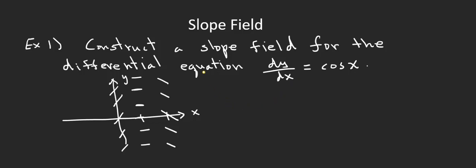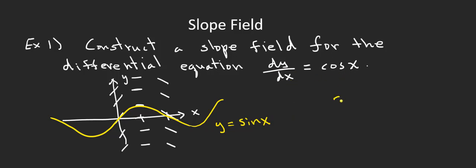Now, what's interesting is this. When you follow the graph of this slope field, what does it look like? Does it look like y equals sine x? Notice, what is the antiderivative of cosine x?